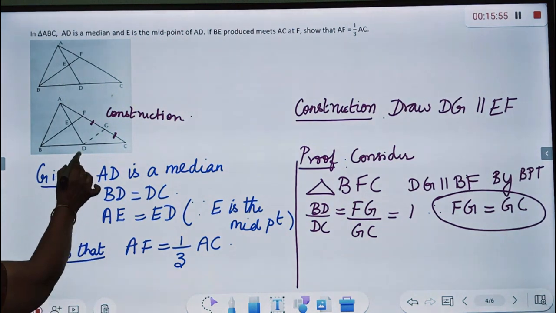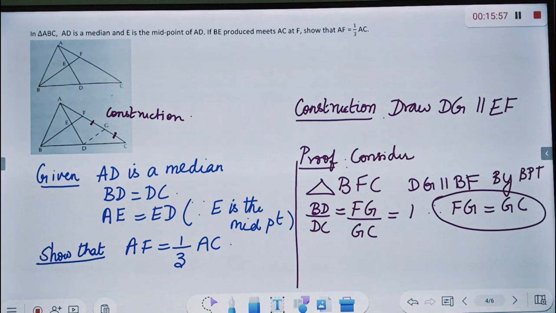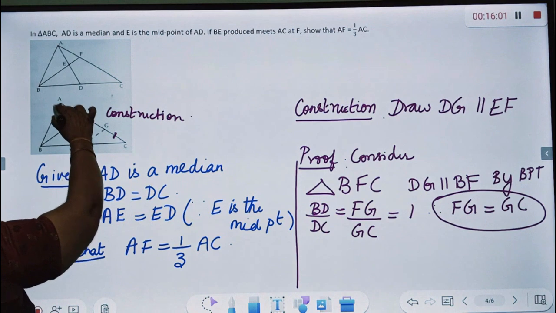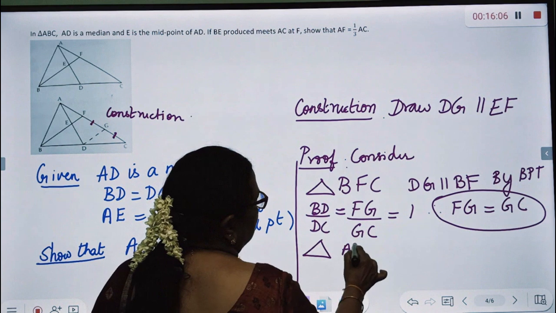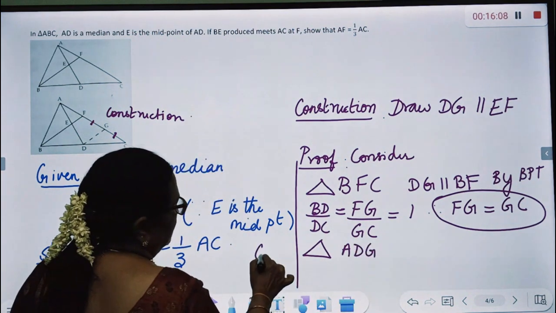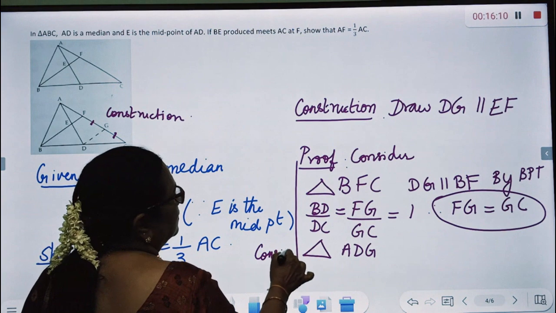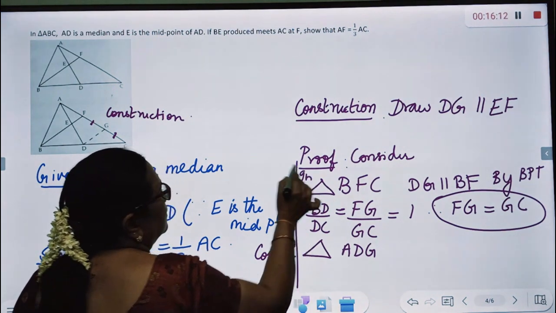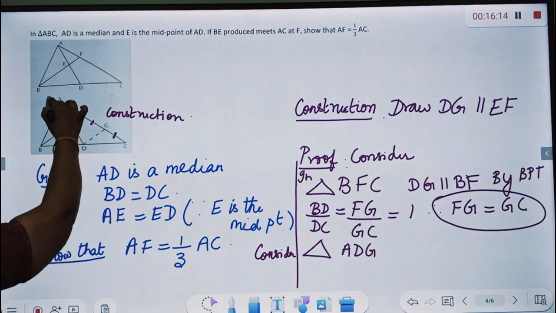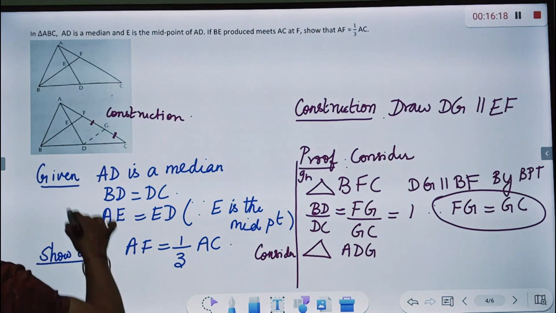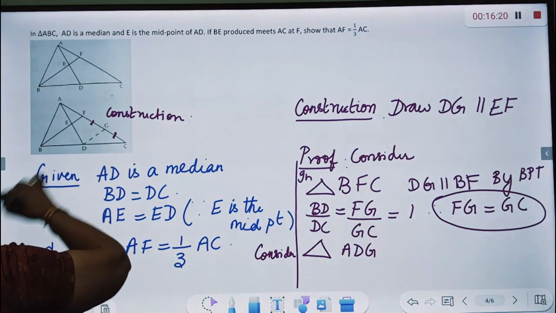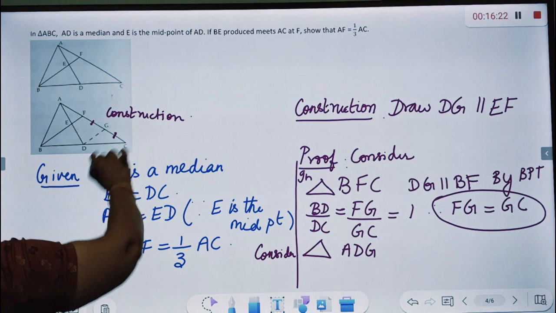Now we have only used the fact that D is a midpoint, but you can also see that E is a midpoint. So now consider triangle ADG. If I look at ADG, what do I observe? E is a midpoint of AD and EF is parallel to DG.